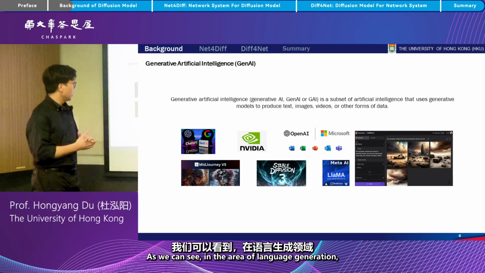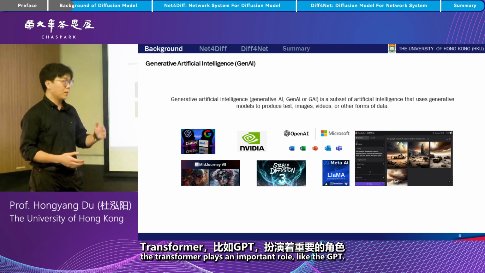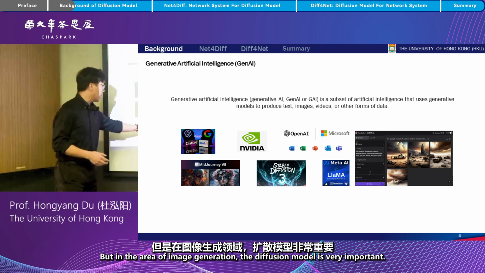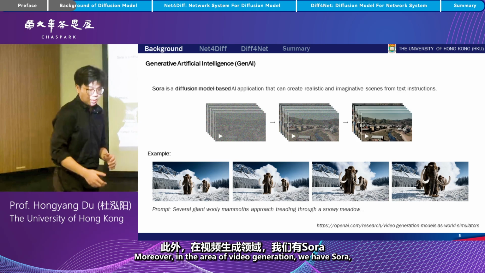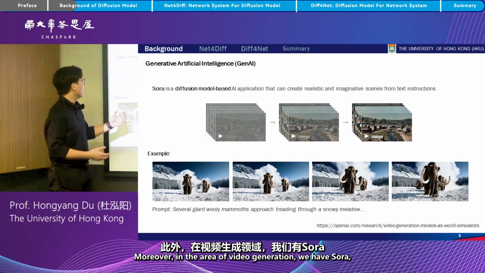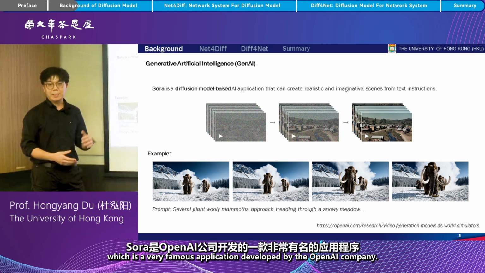As we can see, in the area of language generation, the transformer plays an important role, like the GPT. But in the area of image generation, the diffusion model is very important. Moreover, in the area of video generation, we have Sora, which is a very famous application developed by the OpenAI company.